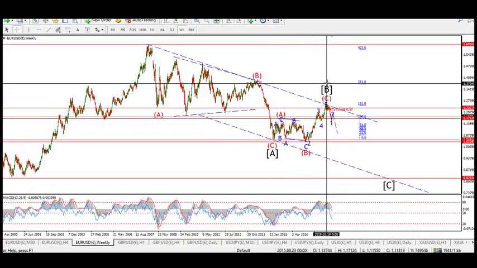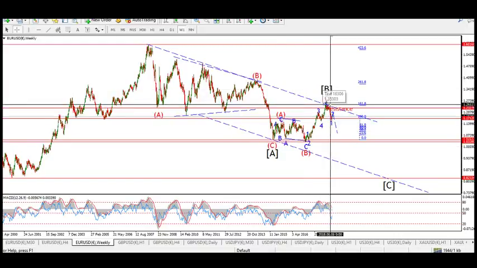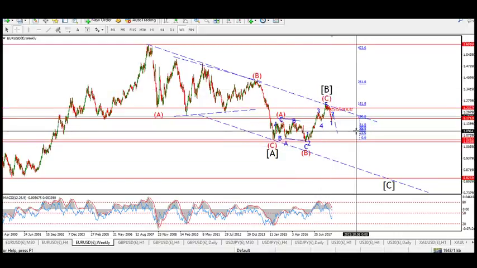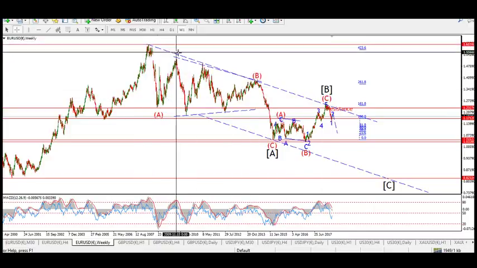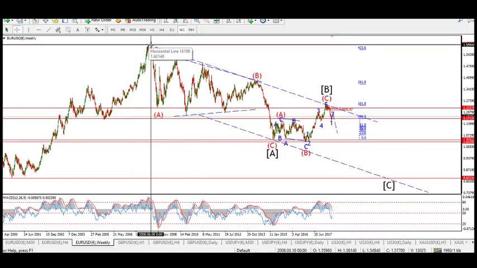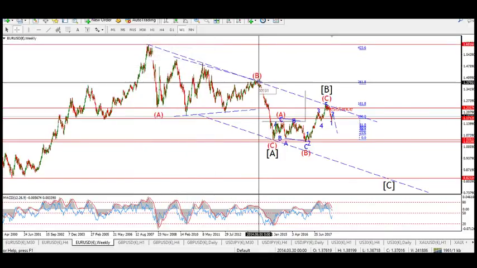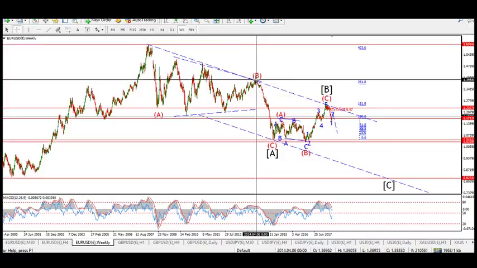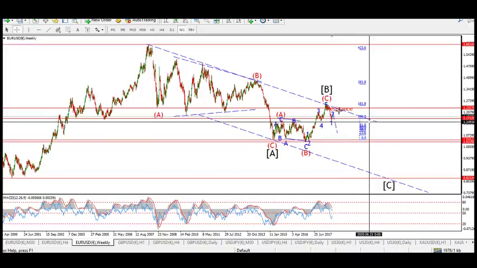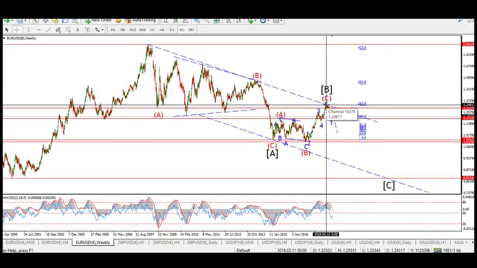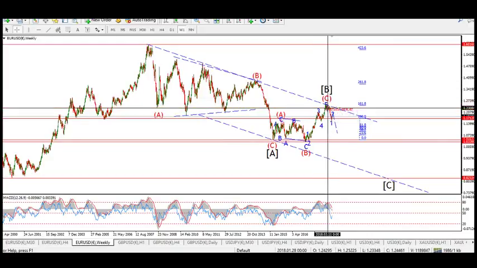We have an A, B, C move up, and wave C itself has traced out 5 waves, and we've reached a top. If you look at this trend channel that connects the 2008 high down through the B wave high in 2014 and continues towards the bottom right-hand corner of the chart, you see that price topped out in February 2018, touched that trend line, and has moved impulsively off it again.